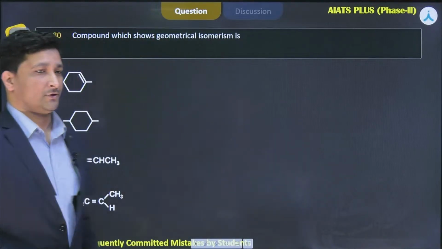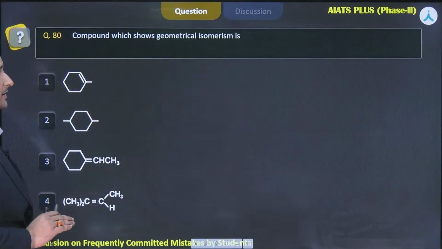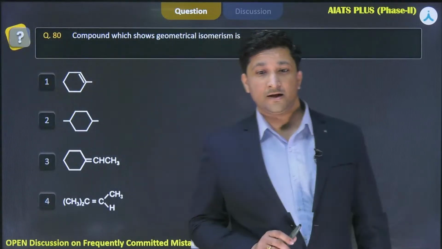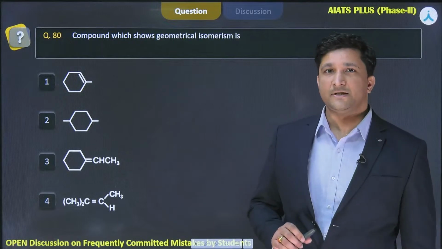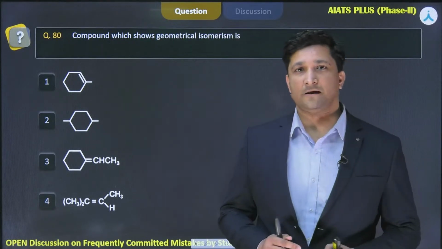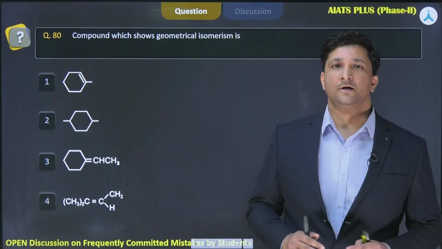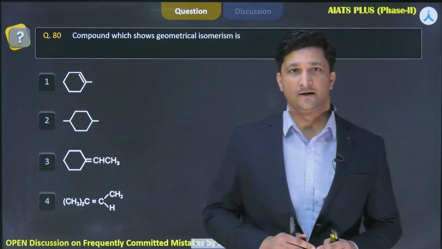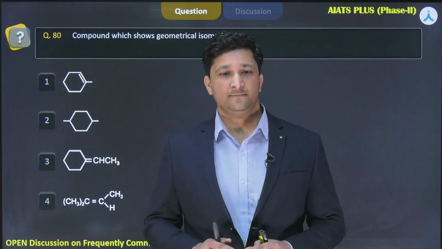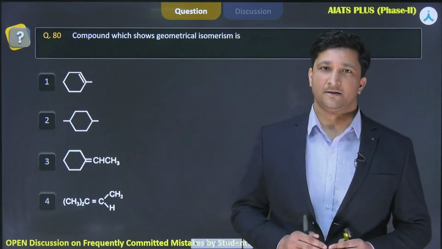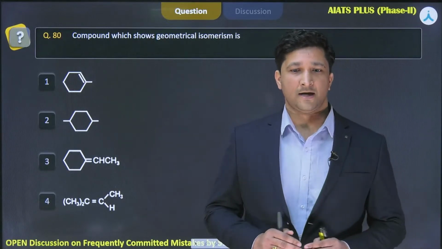In this question we have to learn about geometrical isomerism, and I know you all know what isomers are. Isomers are compounds which have the same chemical formula but different properties. If you look into your NCERT, it has been divided into structural isomerism and stereoisomerism, and in stereoisomerism there is a part called geometrical isomerism.